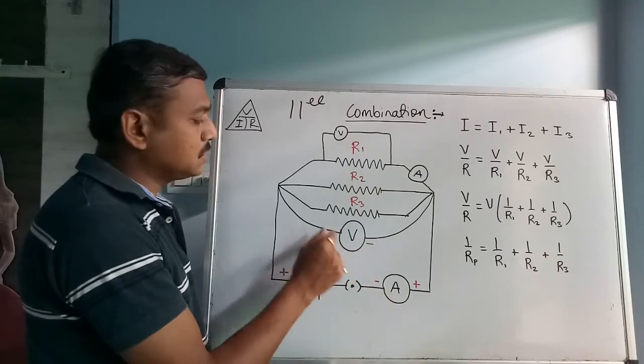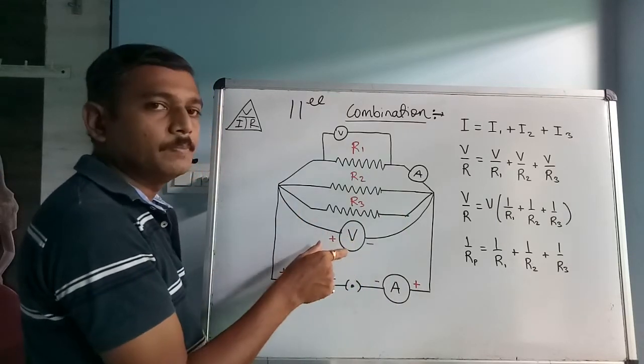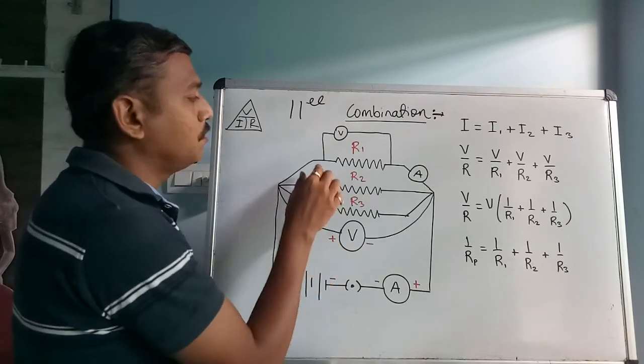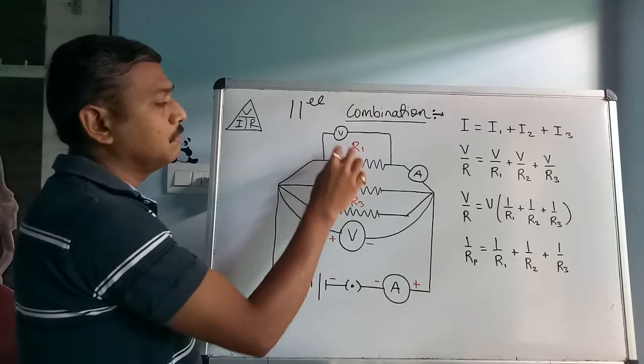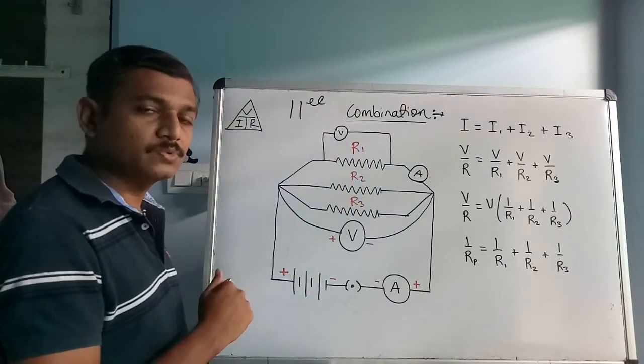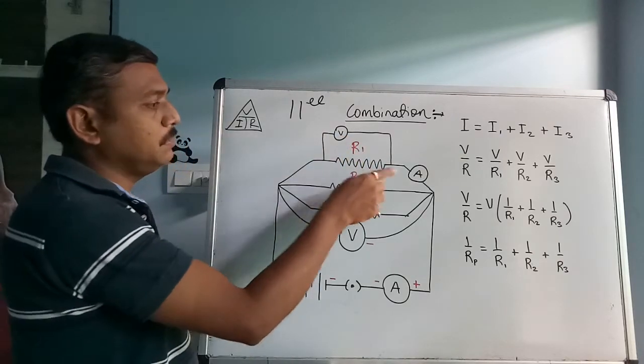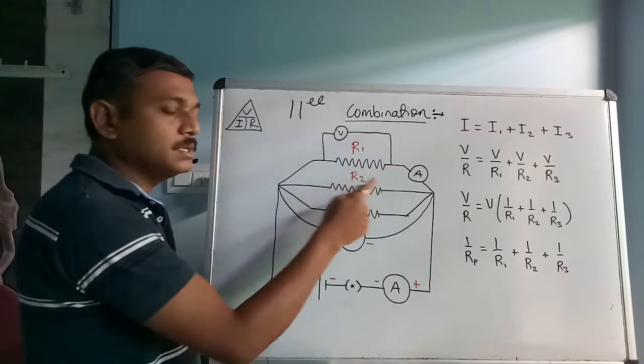This voltmeter is connected across all the resistances, but while doing the experiment we can connect it across each resistance also. So the current flowing through each resistance can also be measured.